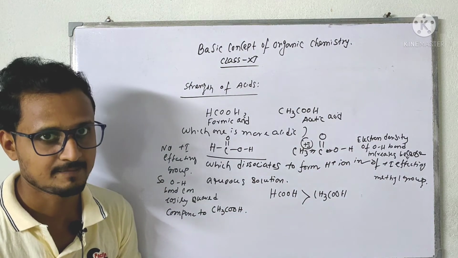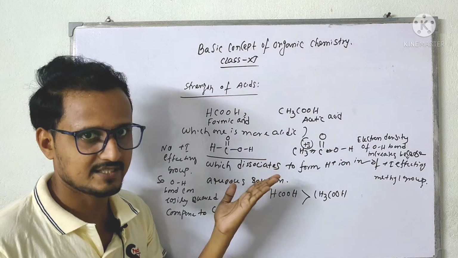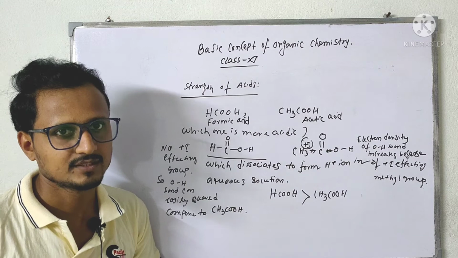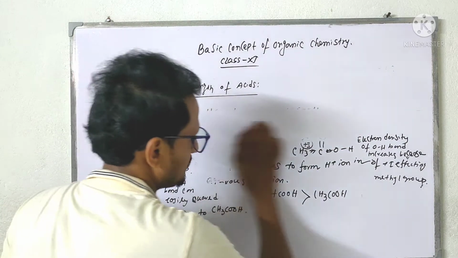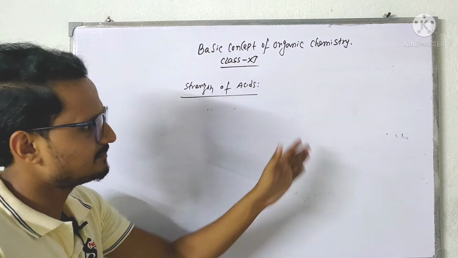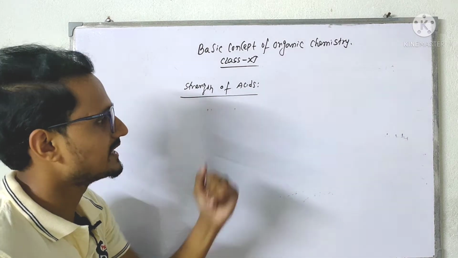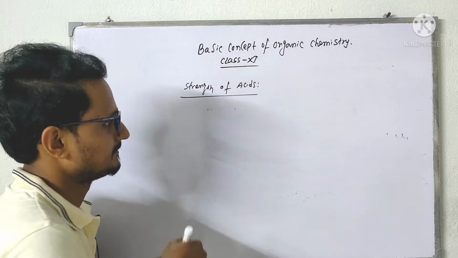If a conjugate base formed by a corresponding acid is stable, that acid is more acidic. So we can explain by the breaking of the OH bond, or we can explain by the formation of the conjugate base.